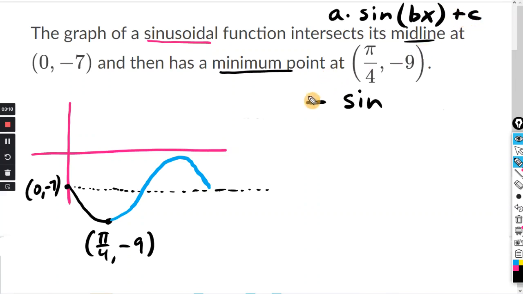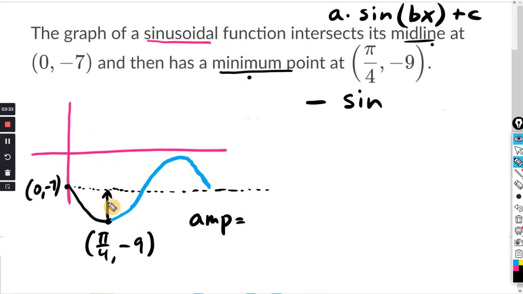All right, so let's start with A. The absolute value of A is the amplitude, but this one's going to be negative. Anyhow, amplitude, it goes from minimum to midline, and that is going to be the vertical distance. Okay, amplitude is always positive because it's a distance.